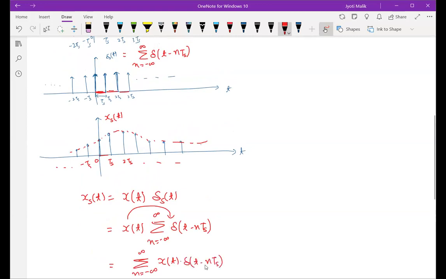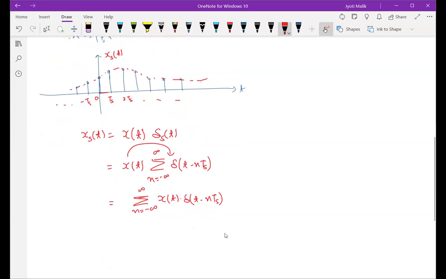And when you multiply any signal with the shifted impulse, what do you get? That signal will give you the values only at these instants, meaning t will now be nts always, because at all other values, it becomes 0 after multiplication.